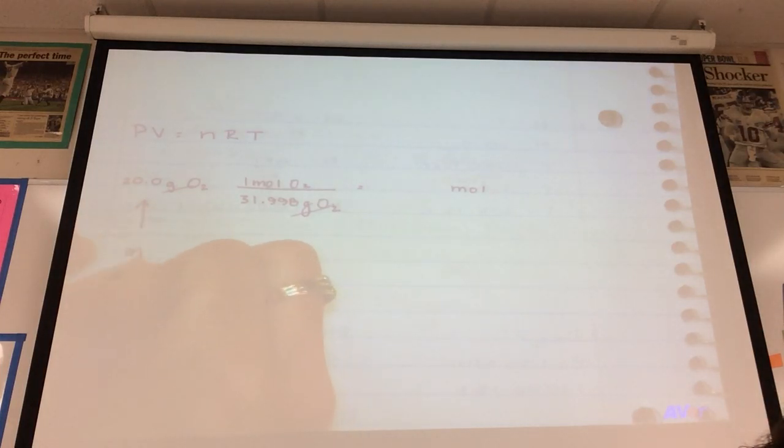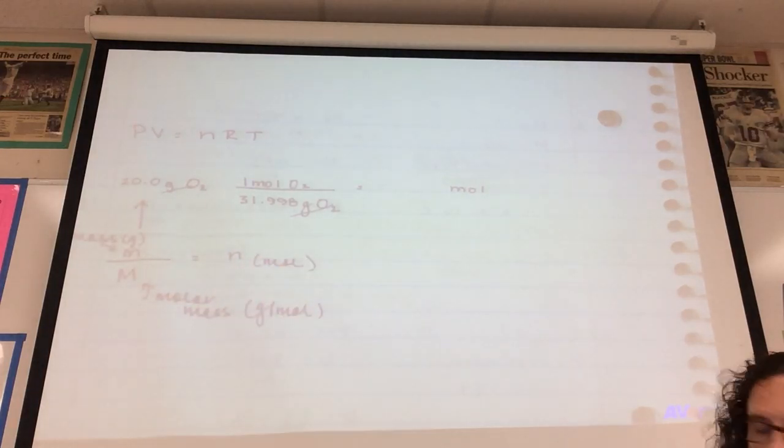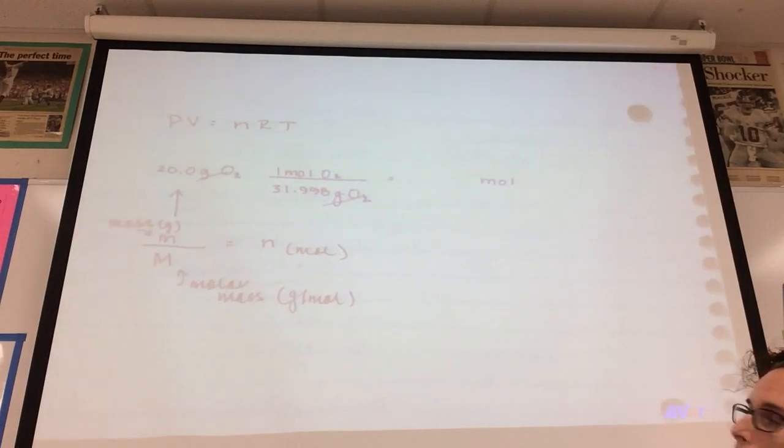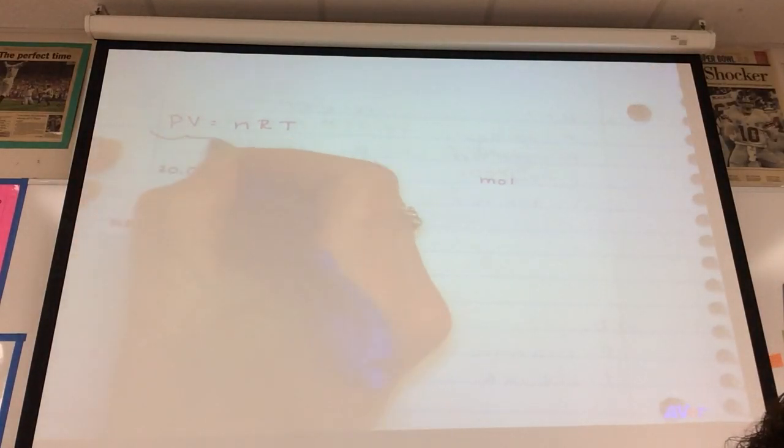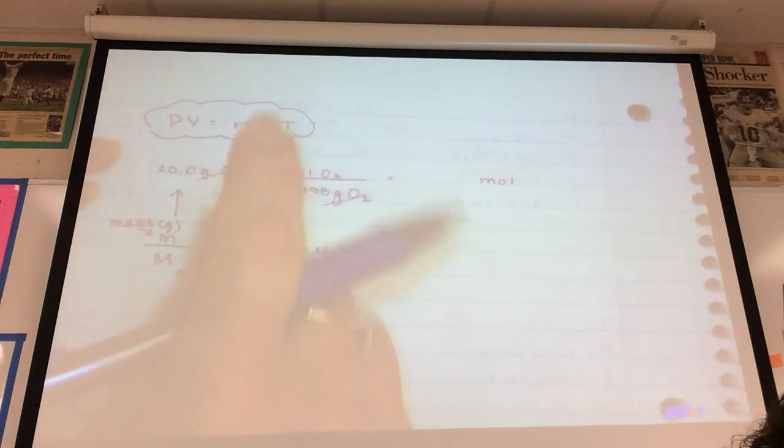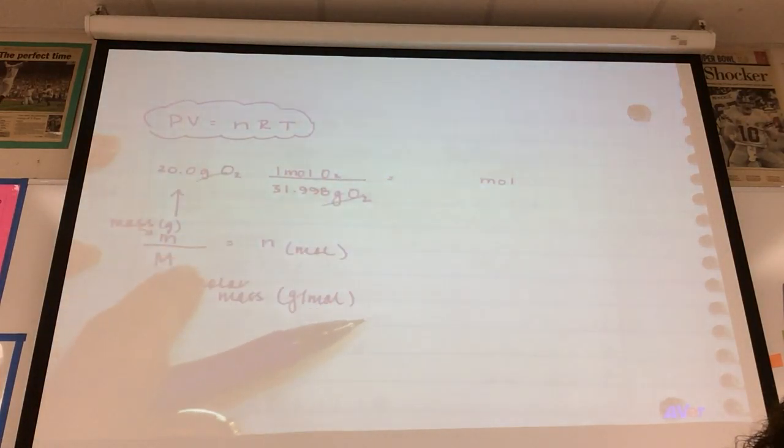This is the mass in grams. If we divide the mass in grams by the molar mass in grams per mole, we have moles. So one other way we can write the ideal gas law is we can replace moles with mass over molar mass.